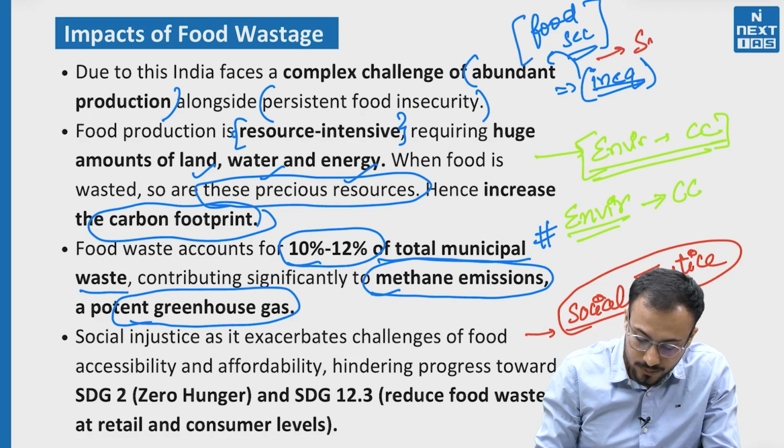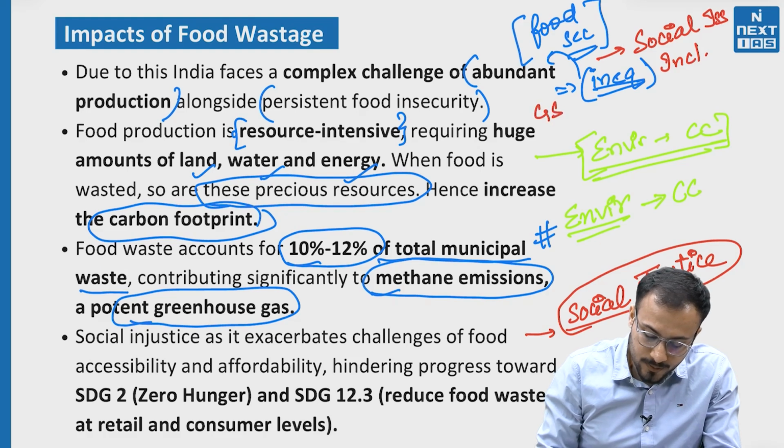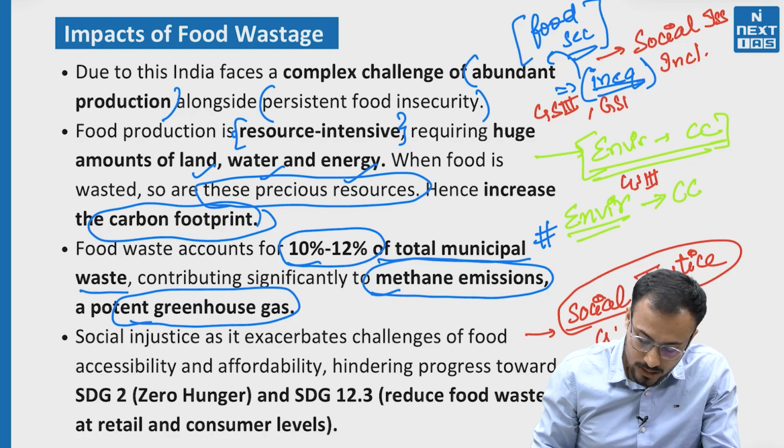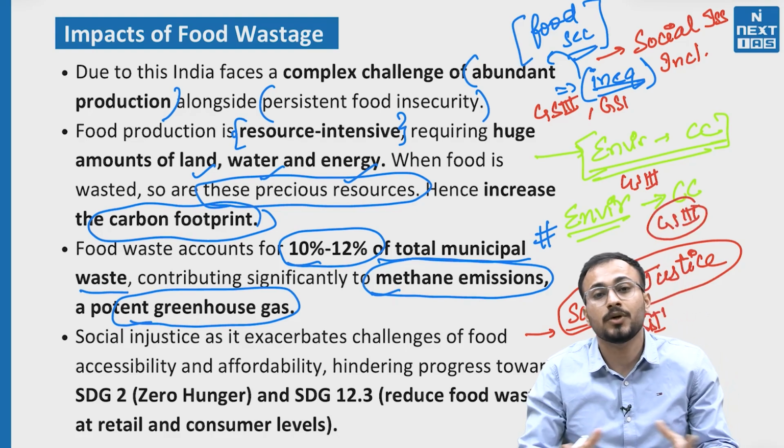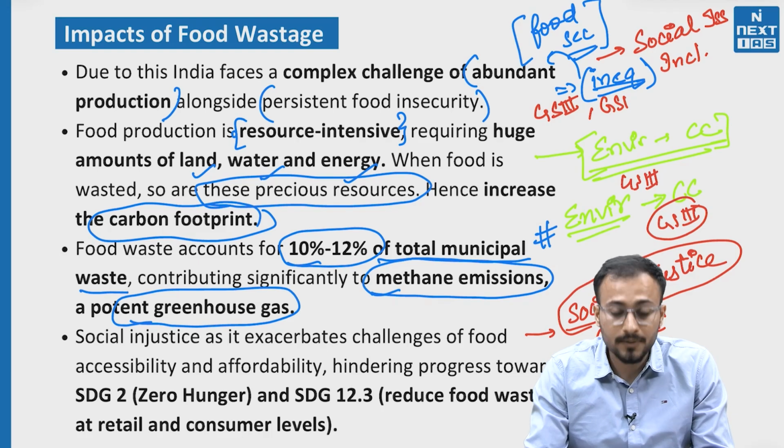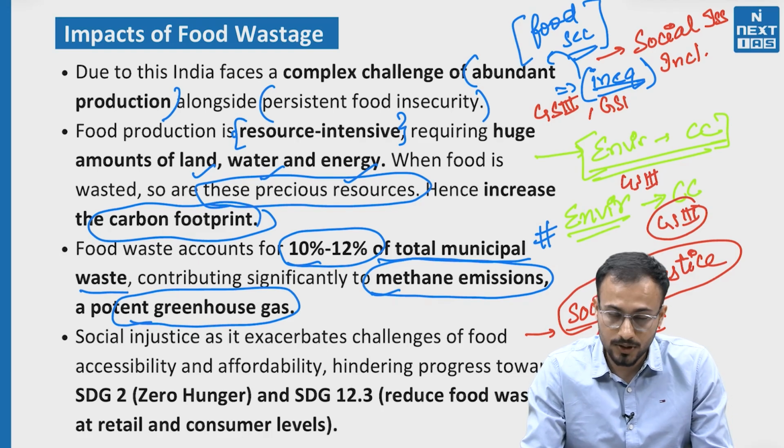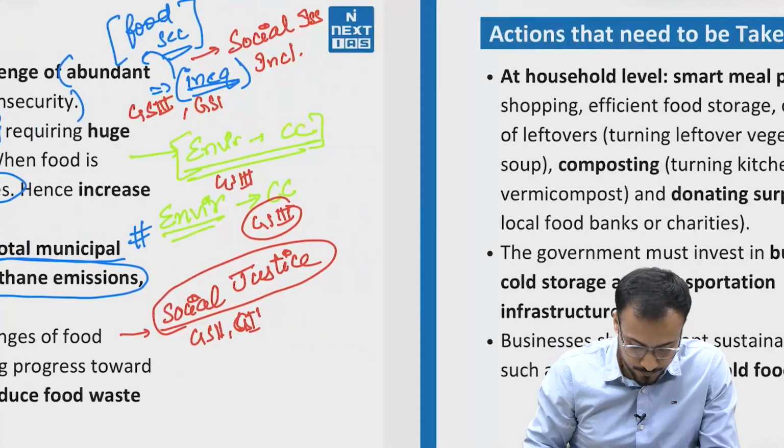This is also linked to social issues, inclusive growth. This is important for GS3, also GS1, GS2, and again GS3. So we see this is a cross-cutting issue. It has multiple applications in our syllabus, so this becomes very important.